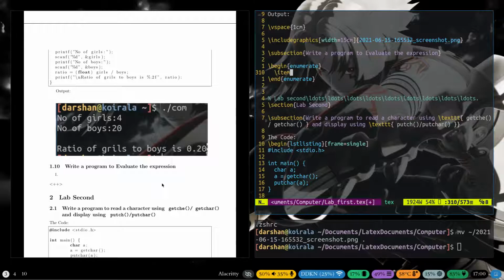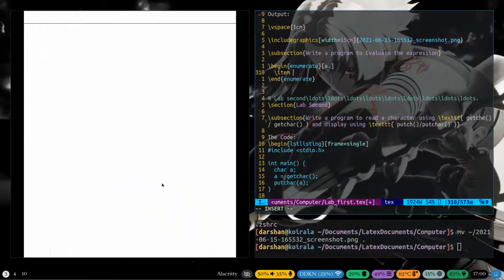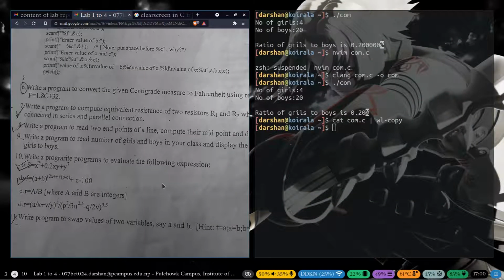Item enumerate item. So that's it, and it is going to be a dot. It's going to enumerate a. So yeah, we just write s is equal to x cubed plus 0.2 xy.